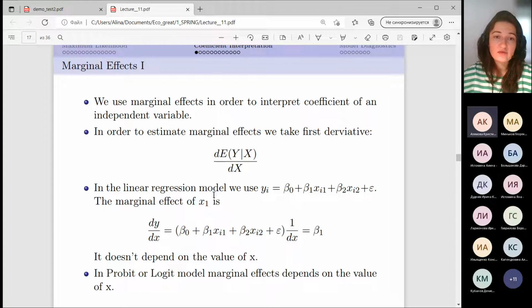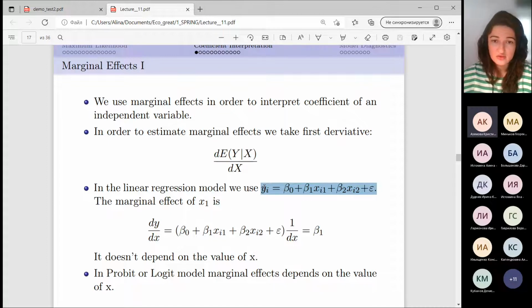This is an example of a linear regression model when we use the ordinary least squares method. This is the general notation of this model. Then when we want to find how a 1 unit increase affects the change in our dependent variable, in this example the dependent variable is continuous.